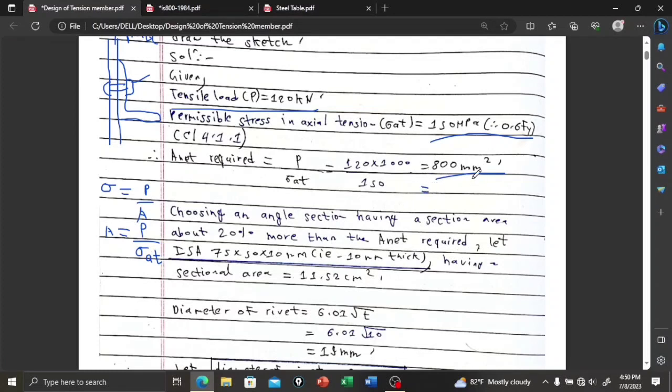To convert mm square to centimeter square, we divide by 100, so it will be 8 centimeter square. So this 20% more, that is 8 into 1.2, is 9.6. So the area should be greater than 9.6.